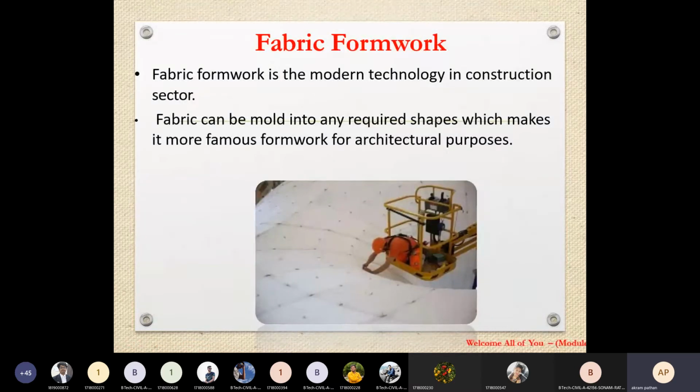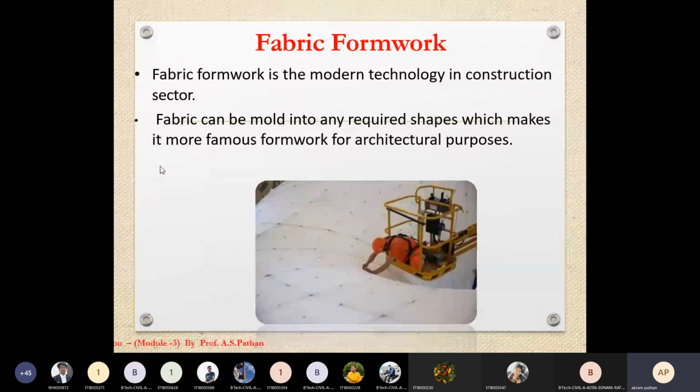Then another type of formwork is the fabric formwork. What do we mean by fabric formwork, and where can we use it? Fabric formwork is a modern technology in the construction sector. The fabric can be molded into any required shape, which makes it a famous formwork for architectural purposes. So look at these pictures.